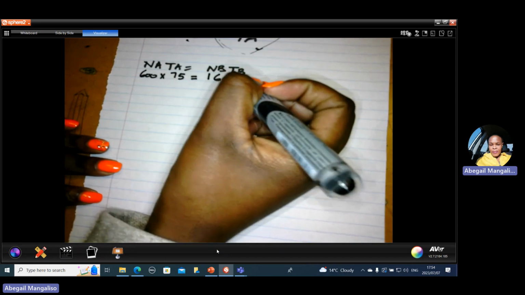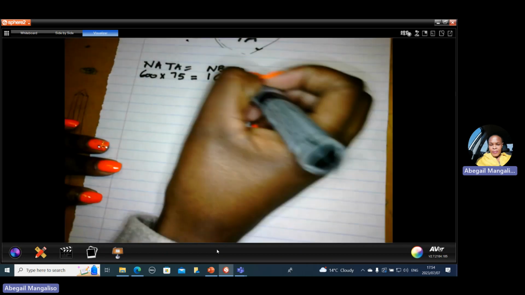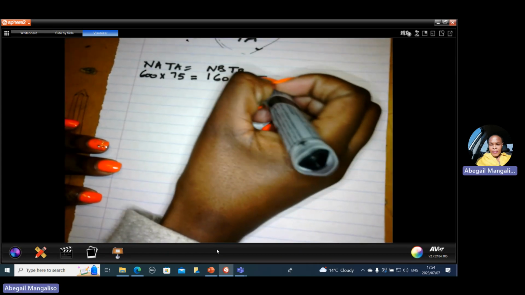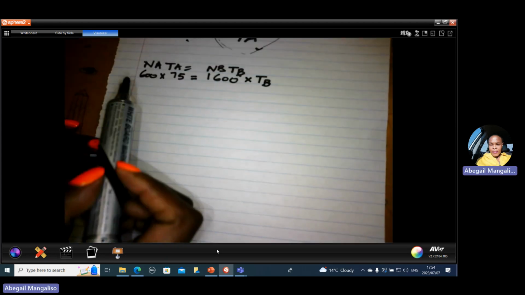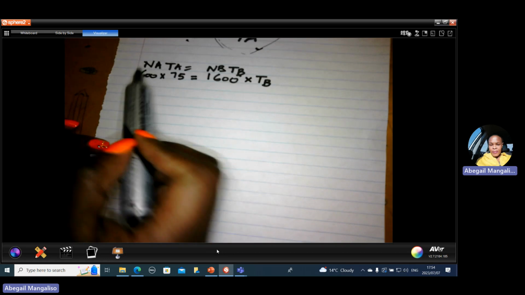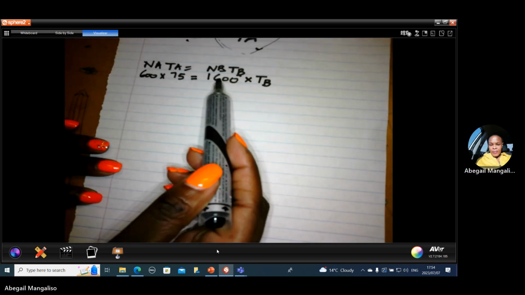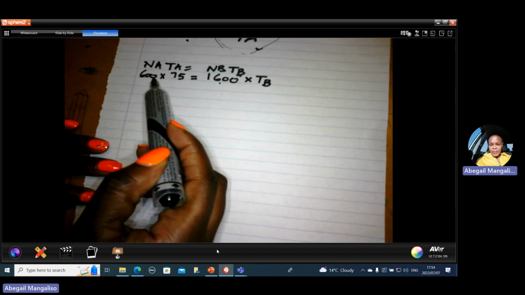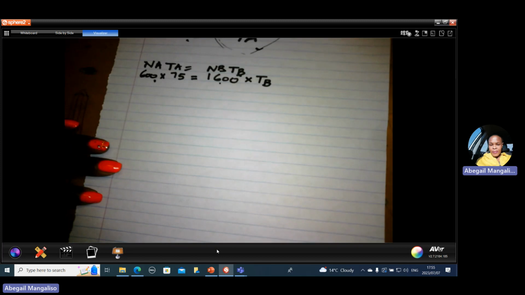You can always write down the givens first so that you know what you're looking for. Both must be in revolutions per minute. You cannot mix revolutions per minute and revolutions per second; they must be the same unit.